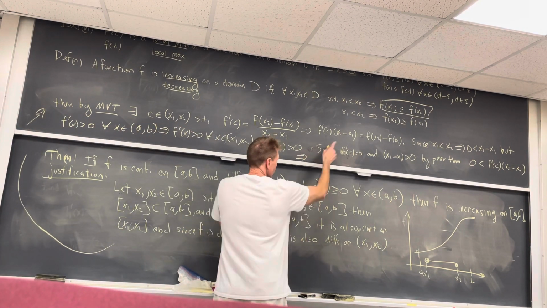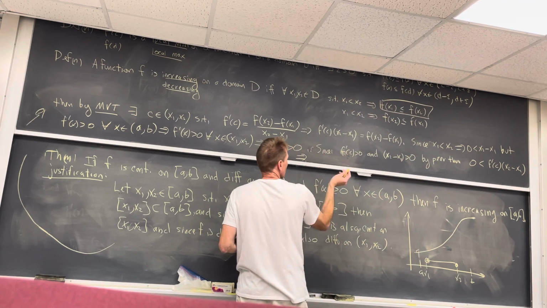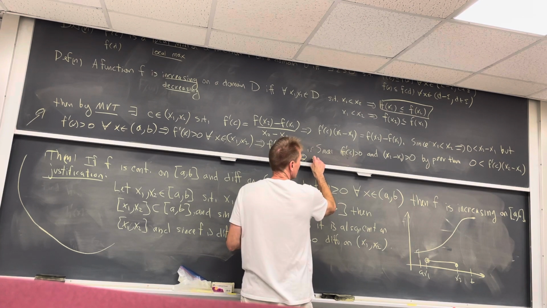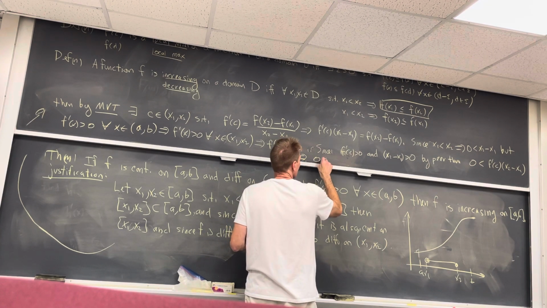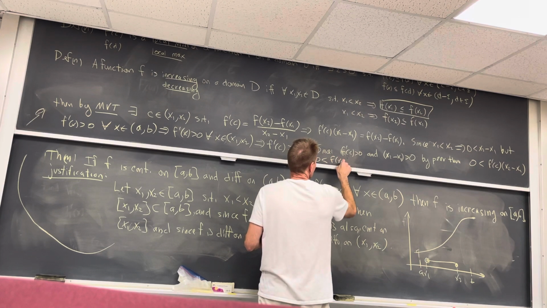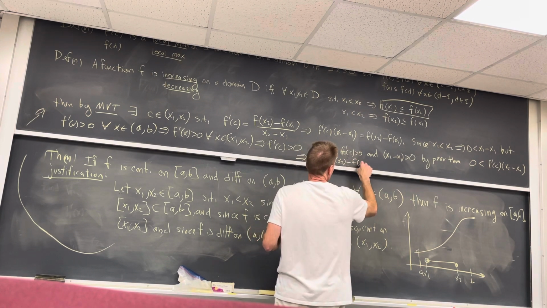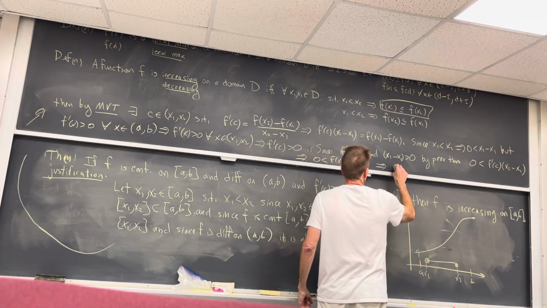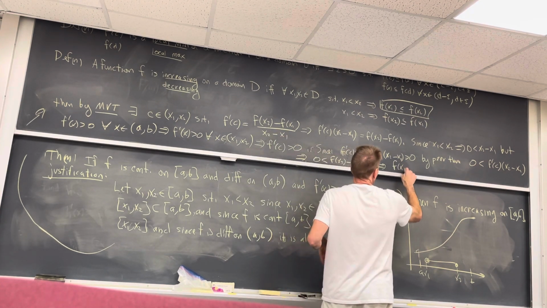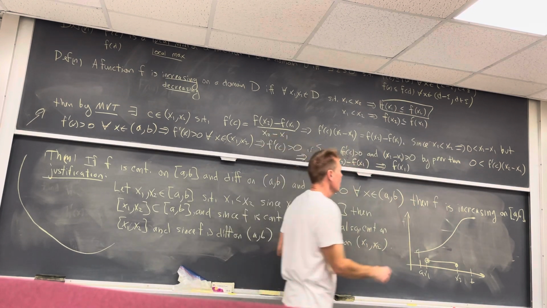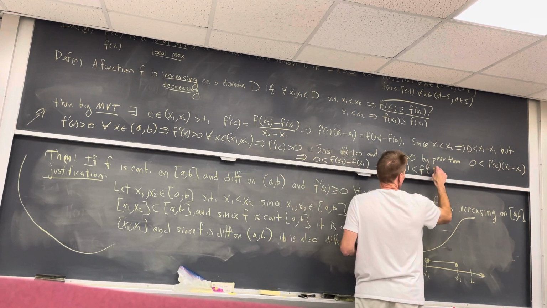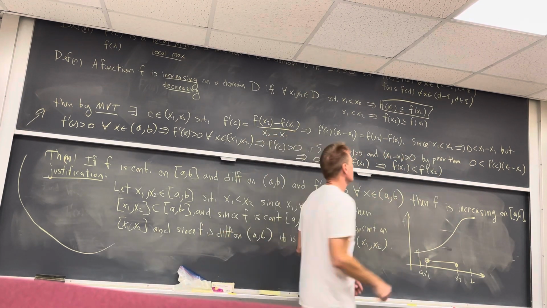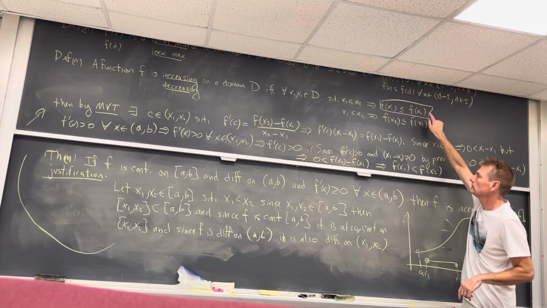This would imply then, from what we have up here, it's kind of like a transitive property, with a little bit of symmetric mixed in, that 0 is less than f of x2 minus f of x1, and then we're really close, which implies that f of x1, all I'm doing is taking the f of x1 to the other side. And again, I don't flip the sign. And look guys, we're exactly where we wanted to go.